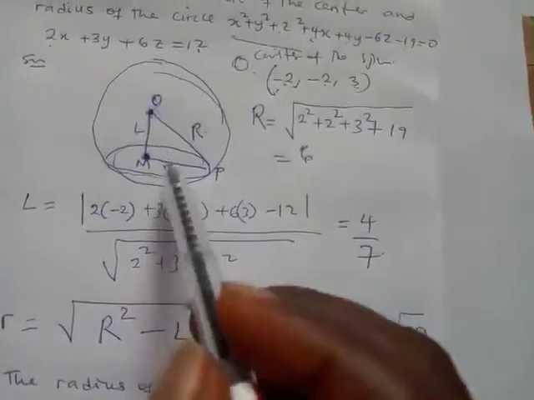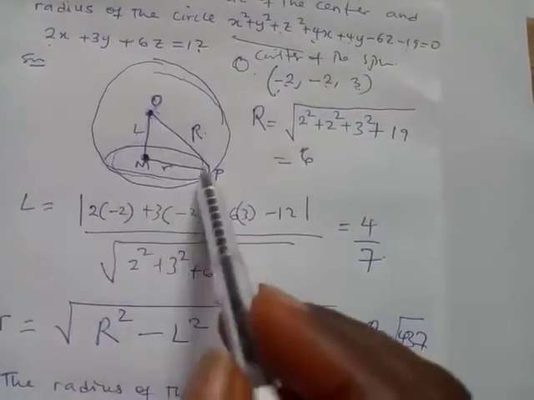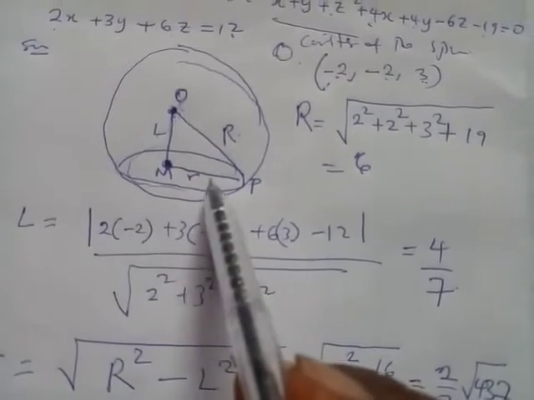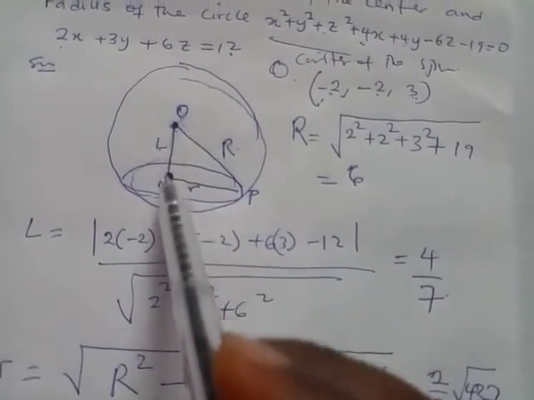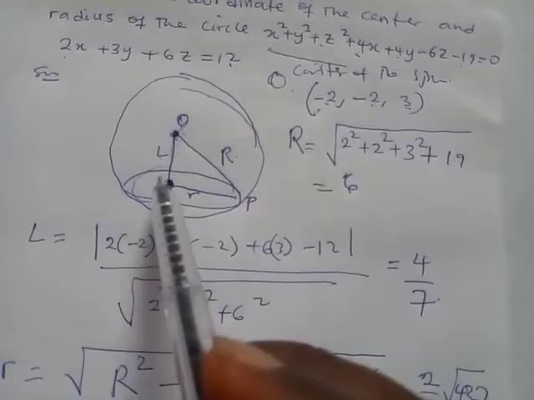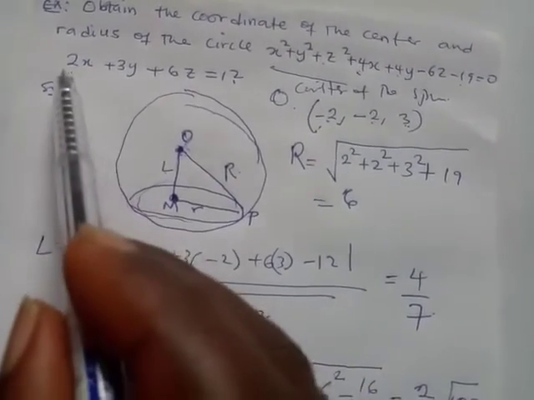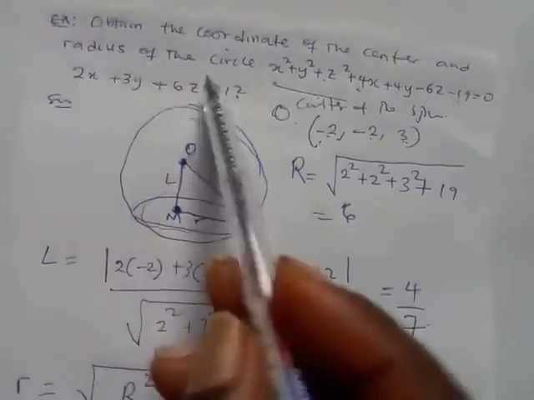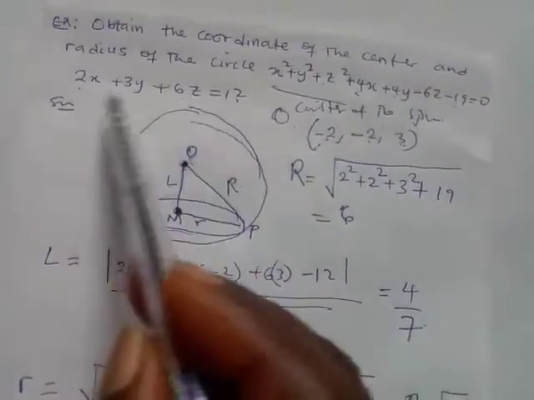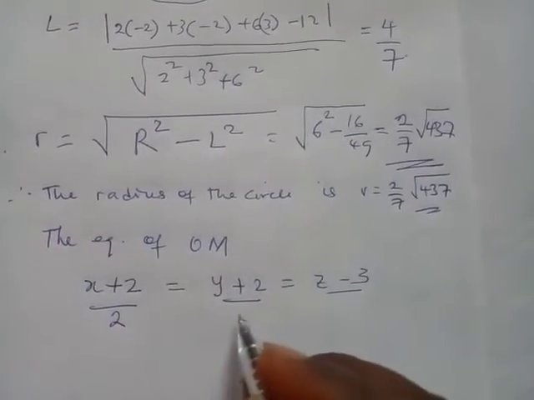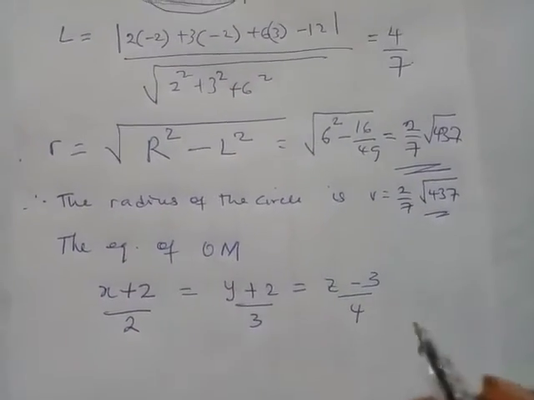From what we said the other time, if a line is perpendicular to a plane, definitely the normal vector of that plane will be parallel to the direction vector of the line. So they must have the same normal vector, and this is the normal vector of this plane, 2, 3, 4. So they have the same thing since they are parallel. So this will be 2, 3, 4. So that is a line.